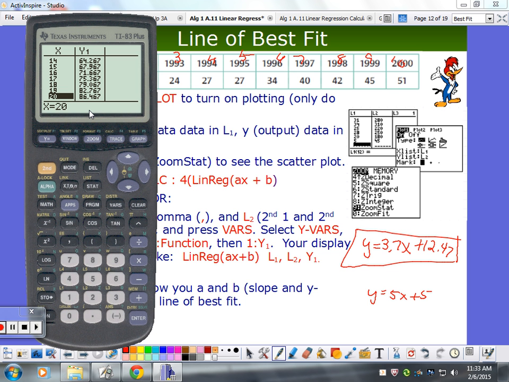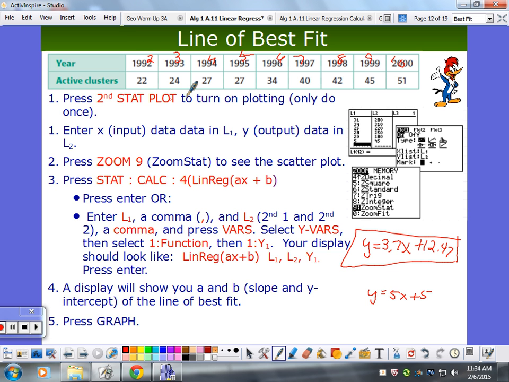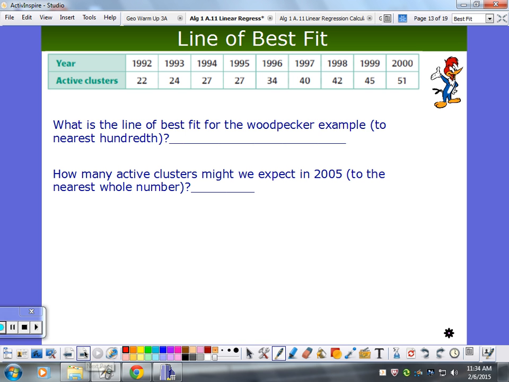So we do our best, but we also realize that once you get past your data cluster, it may not be as correct, but it's our best guess. Statistical guess. If it didn't come up, you probably made a mistake somewhere. Check your data.